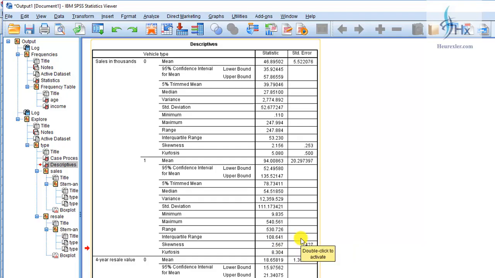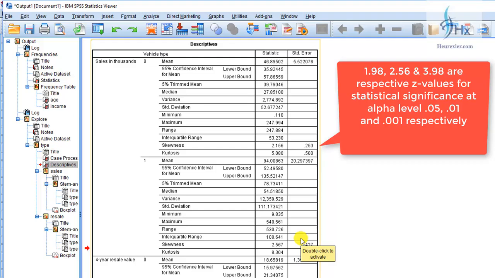If this value is more than 1.98, we say that there is a significant skewness at alpha equal to 0.05 level, and if this value is more than 2.58, we say that there is a significant skewness at alpha equal to 0.01 level, and if the skewness divided by its standard error ratio is more than 3.98, we say that the skewness value is significant at alpha equal to 0.001 level.